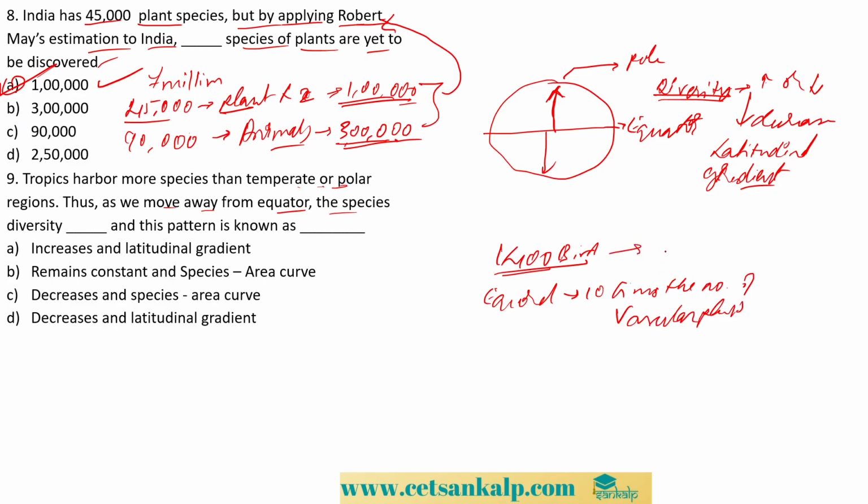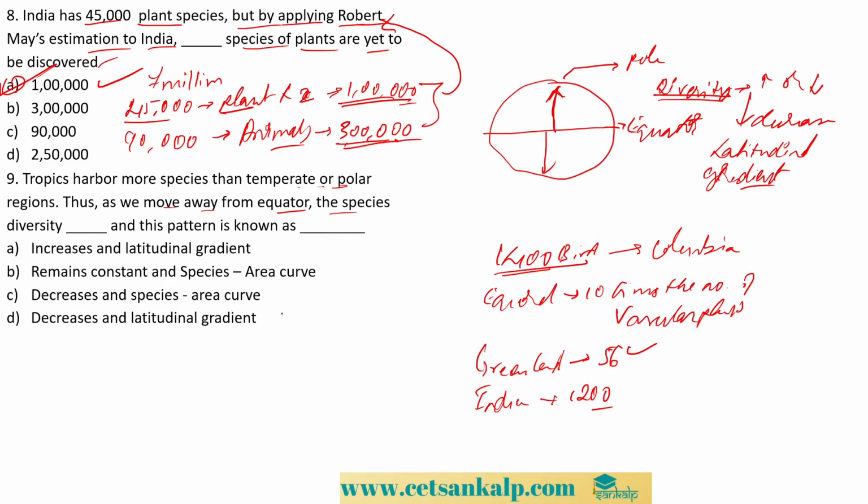And if you consider Greenland, which is a temperate country nearer to the pole, around 56 bird species. And in our own country, India, it may reach up to 1,200. So they have given you these numbers. You remember all these numbers. They may ask you in an MCQ.